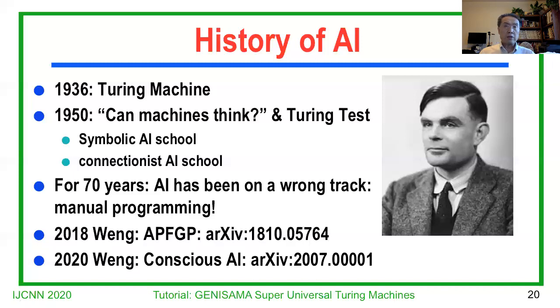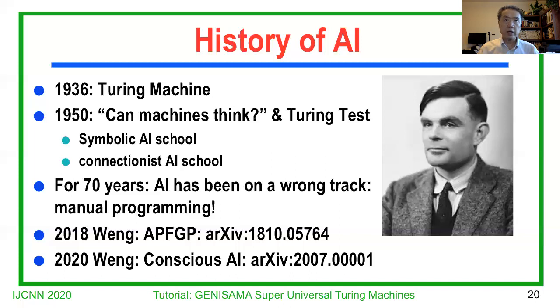And what is really exciting is that APFGP will lead to conscious AI. So in the title, I slightly modified it and apologized. Originally, I submitted the tutorial without consciousness in the title, and I think that we should mention it because that's a revolution in AI.